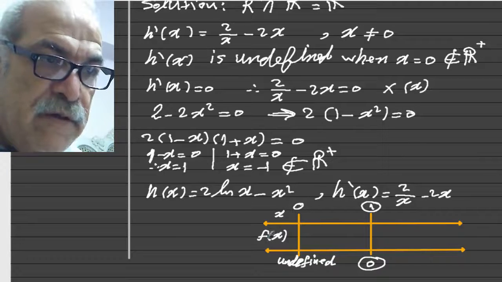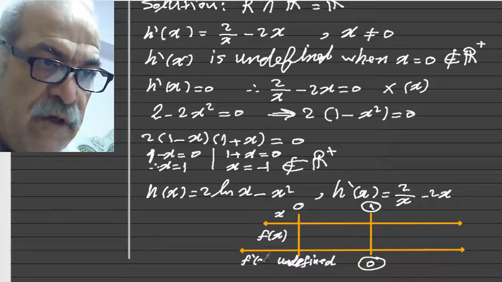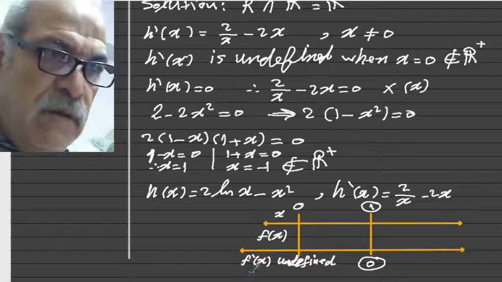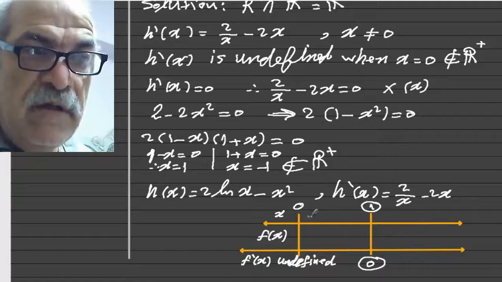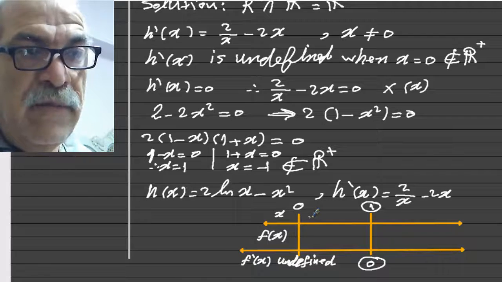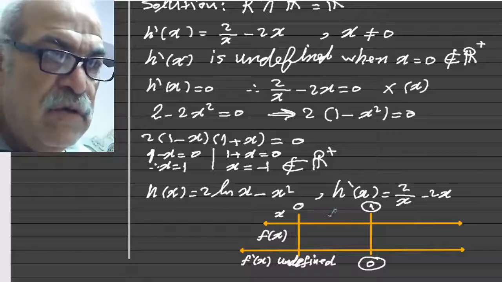Okay, here is f dash of x. The domain starts from the point just after 0.